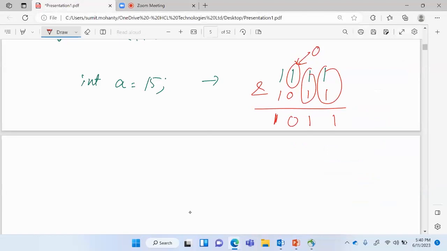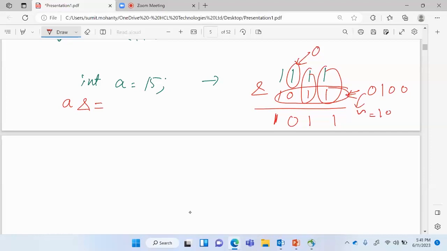So what I have to do is I have to write A, and then AND equal to. So if I want 1011, how do I get this? If I have 0100 and I do bitwise NOT, do you know this is the bitwise NOT operator? So what is the answer?